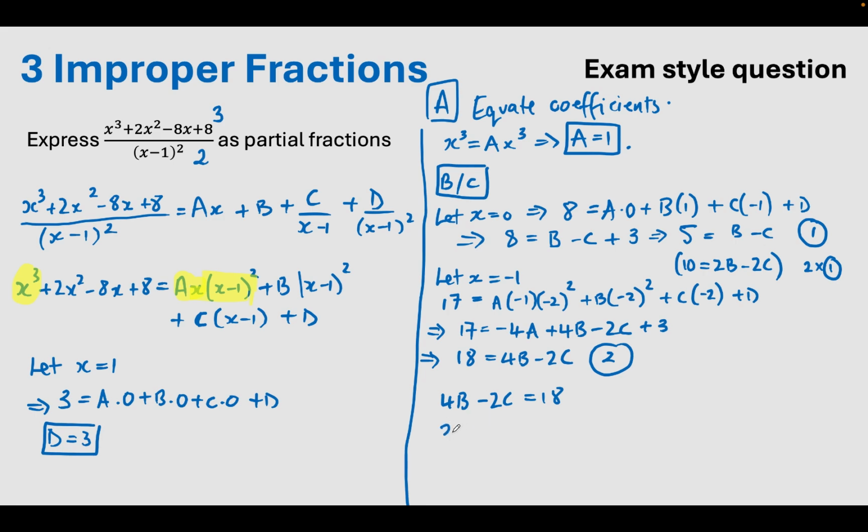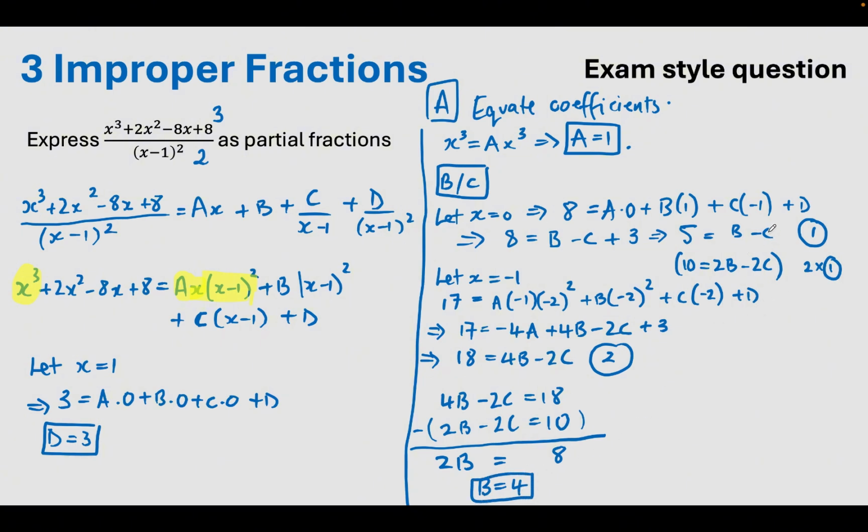And if I subtract this entire thing from here, I get 2B is 8, and therefore B is 4.